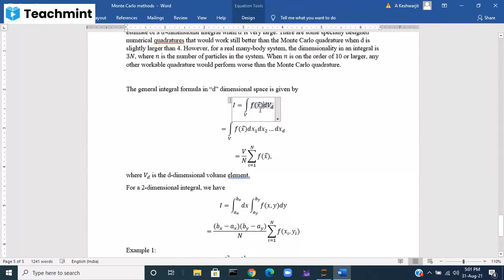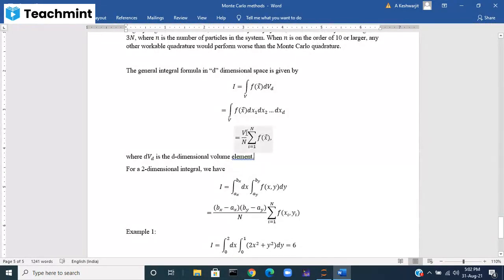In 3 dimensions, this x vector has components x, y, z. In 2 dimensions, it will be x comma y. In d dimensions, it will be x1, x2, x3 till xd. And what is dV_d? It is the d-dimensional volume element, dx1, dx2 multiplied till dxd.